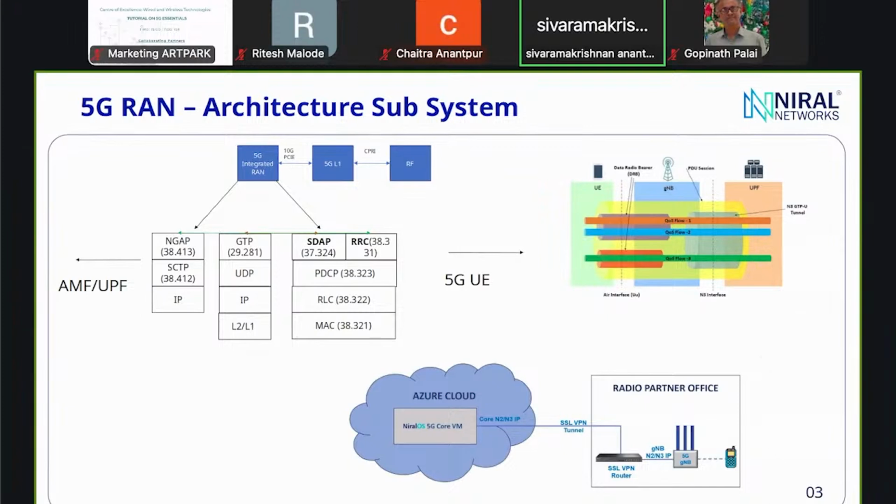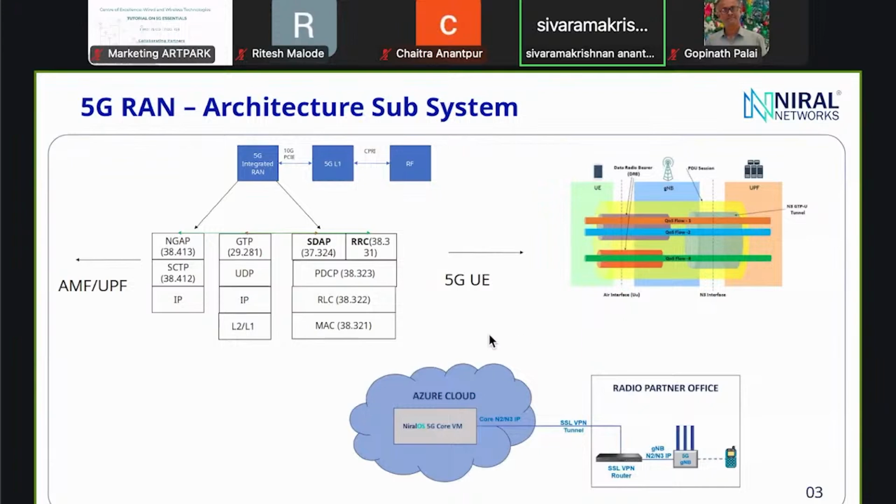On the UE facing side, we have this protocol stack, which caters to both control and data path. When it comes to the 5G core facing side, we have two interfaces, N2 and N3. N2 takes care of the control path, handled by the NGAP and SCTP protocol stack.